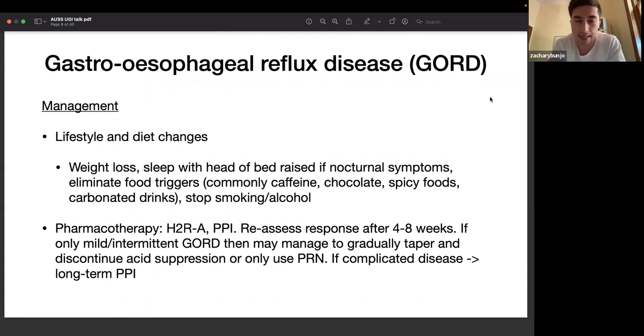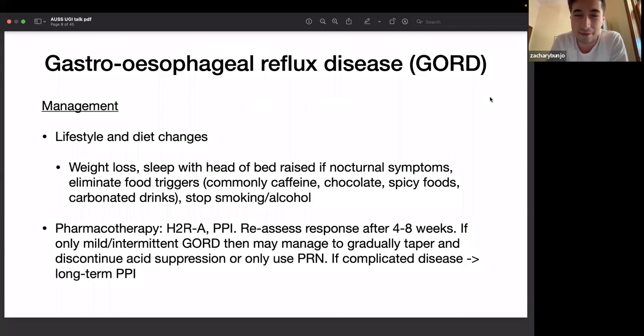In terms of medications, guidelines will offer histamine receptor antagonists and PPIs as both being reasonable options. In Australia, PPIs such as pantoprazole and esomeprazole tend to be the go-to first line. So that can be started, and you should reassess their response after a 4 to 8 week trial.